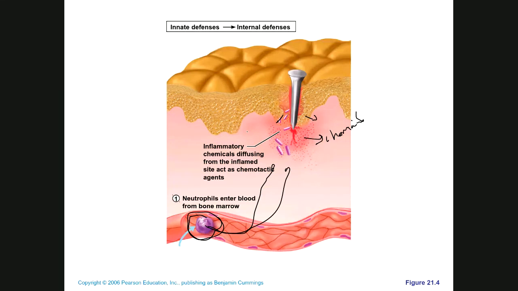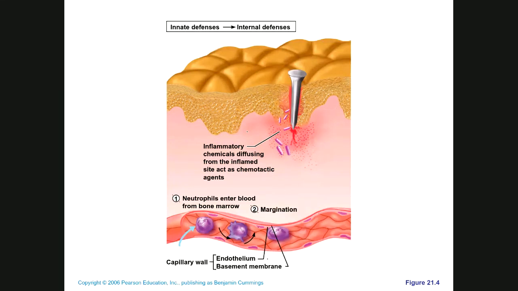They actually squeeze out. They attach themselves to the capillary and they squeeze out through the little pores. When they attach themselves, it's called margination. And when they squeeze out, it's called diapedesis. That word actually means walking across. So in other words, they somehow walk across the membrane.